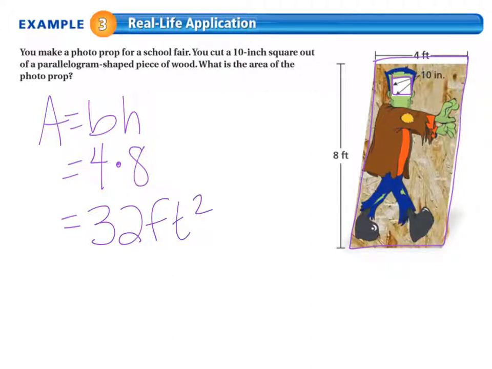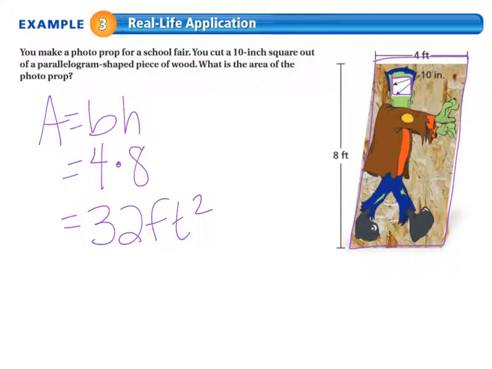Now I need to look at this little guy in the center here for the face. Well, originally I have feet here, but this is in inches. So in order to be able to compare these, I either need to change my 10 inches into feet or my 32 feet into inches. It's really just a personal preference, but I'm going to change these 10 inches into feet.